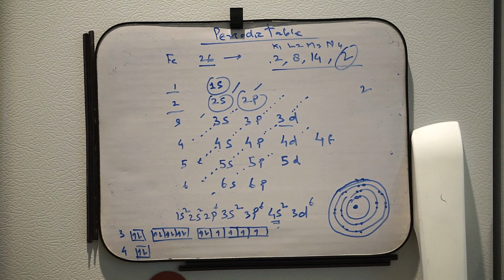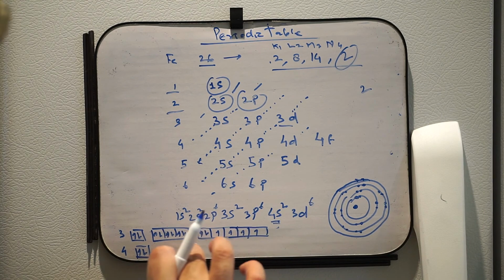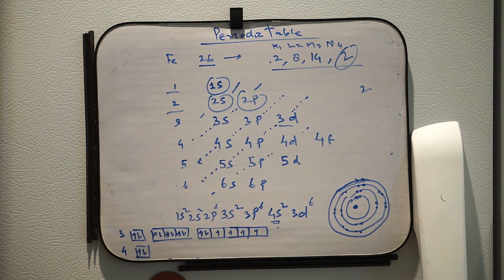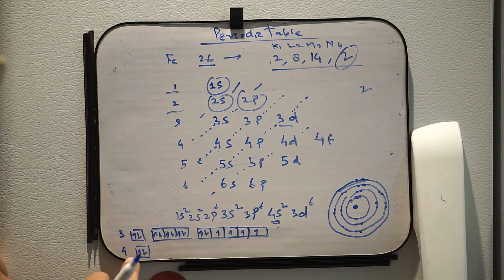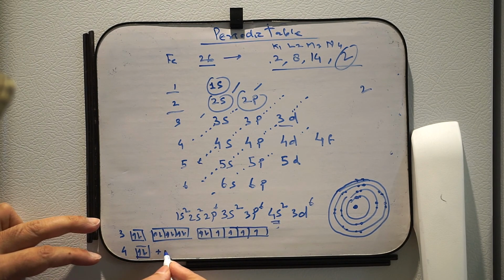So what happens? It's an interesting scenario here. We've got an unstable layer in the third shell where it has potential to give one of this polarity right here and two of this here. So the straightforward valency of 2 comes from here.